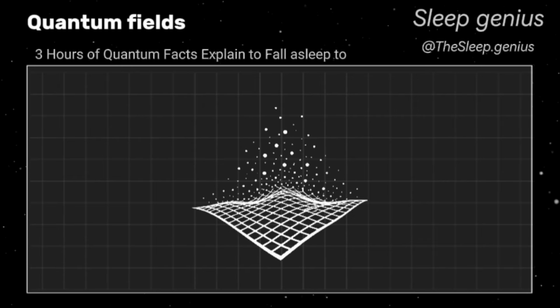Quantum fields. Quantum fields are the underlying fabric of reality from which all particles emerge. They are not particles themselves, but pervasive entities that exist throughout space and time. Every particle that appears in the universe is a localized excitation of its corresponding quantum field.